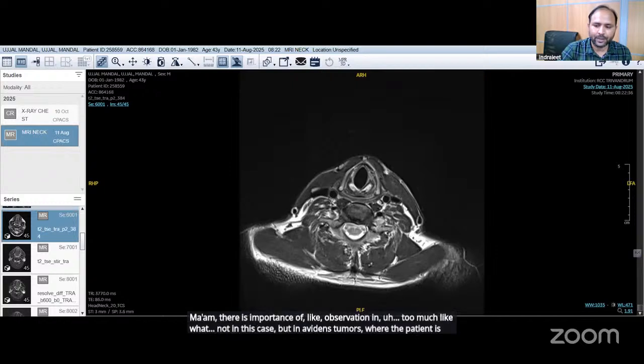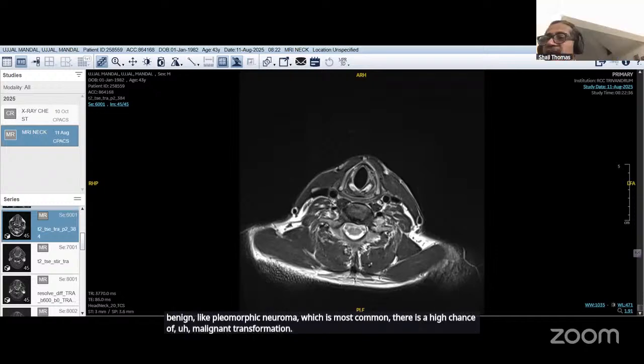If FNAC comes out to be Warthin's tumor, since they are slow growing with very low risk of malignant transformation, less than 1%, those patients can be observed. But if it is a low grade carcinoma or pleomorphic adenoma, I'll counsel the patient that with time it is going to increase, and pleomorphic adenoma, which is most common, has a high chance of malignant transformation.